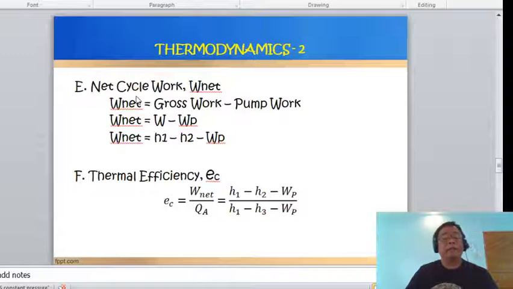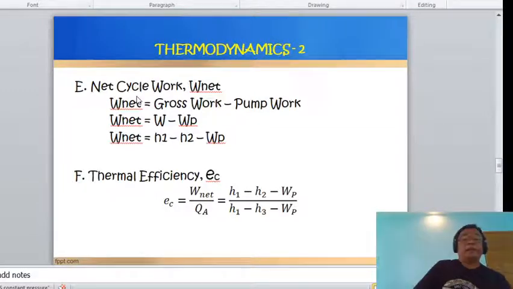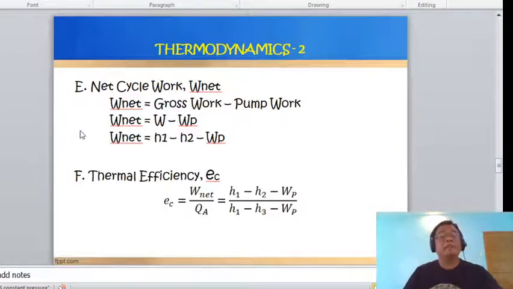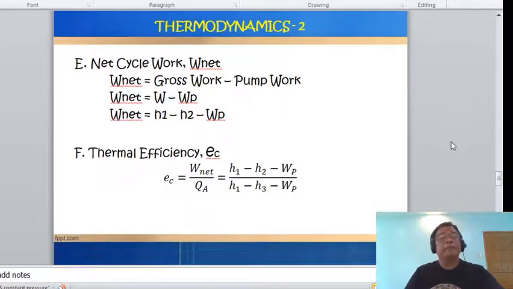For thermal efficiency, e sub e, class, thermal efficiency equals the net work over the heat added, or simply h sub 1 minus h sub 2 minus the pump work, over h sub 1 minus h sub 3 minus the pump work. Of course, you can multiply it by 100%. So that is for thermal efficiency.